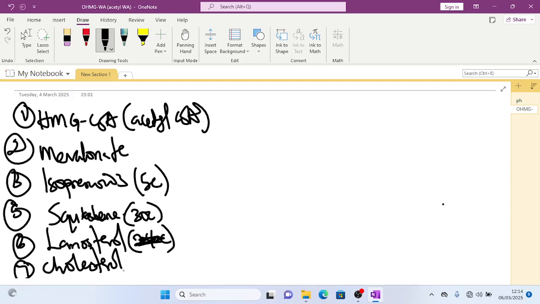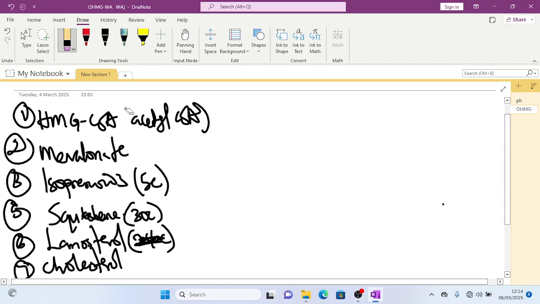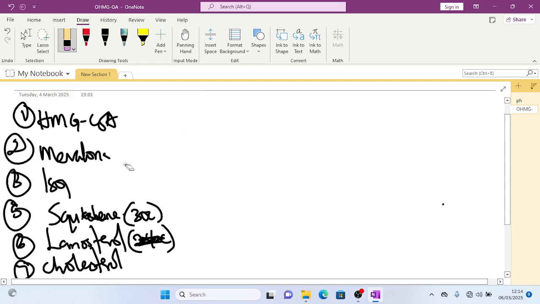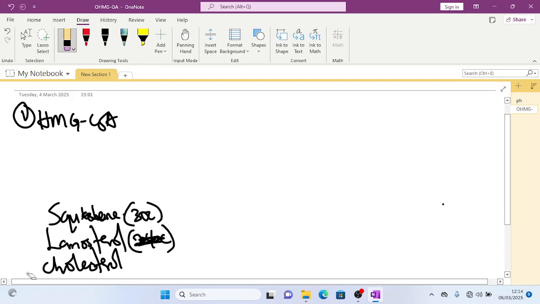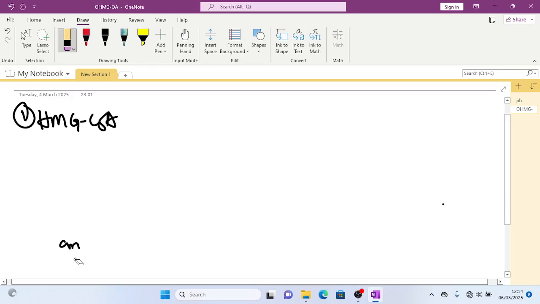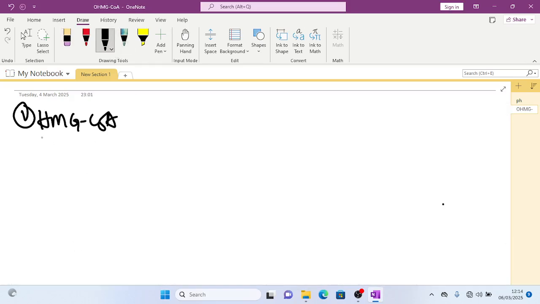So let's look at the steps in detail. The first step is formation of HMG CoA. We take note of the enzyme involved in this reaction.